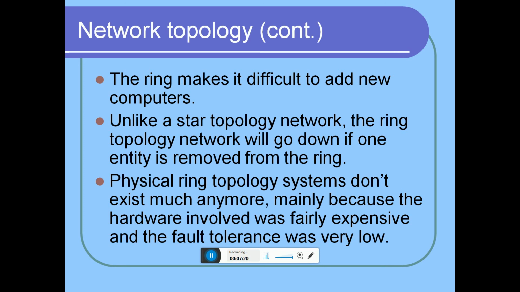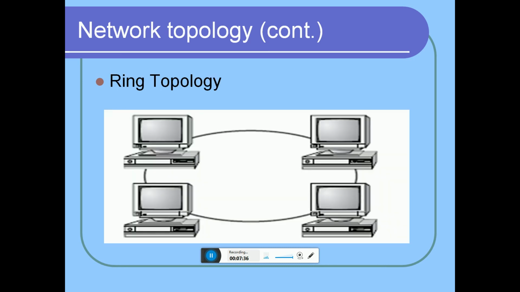Unlike a star topology network, a ring topology network will go down if one node is removed from the ring. Physical ring topology systems are not used much anymore, mainly because the hardware involved is fairly expensive and has poor fault tolerance. This is the ring topology, connecting the cables this way.